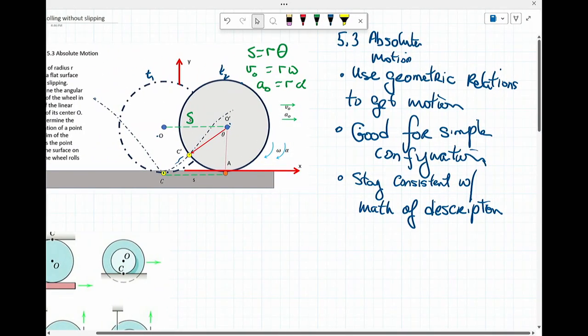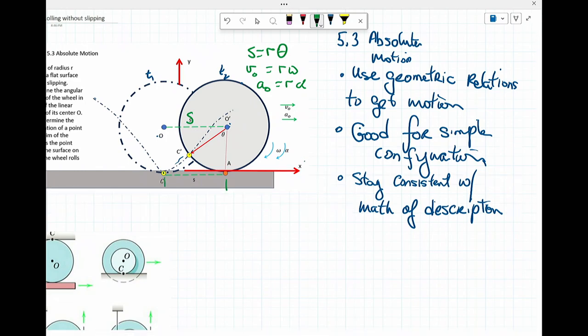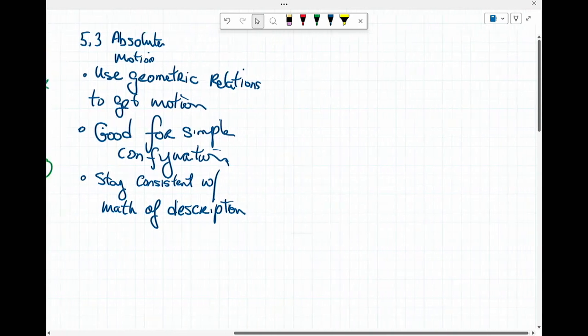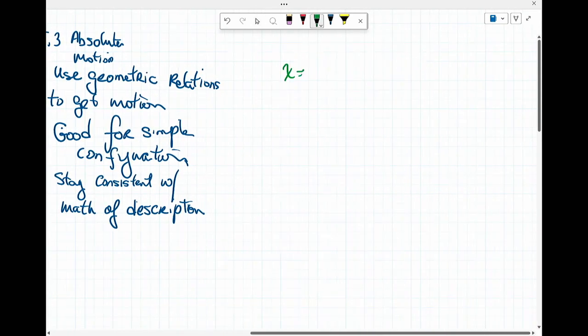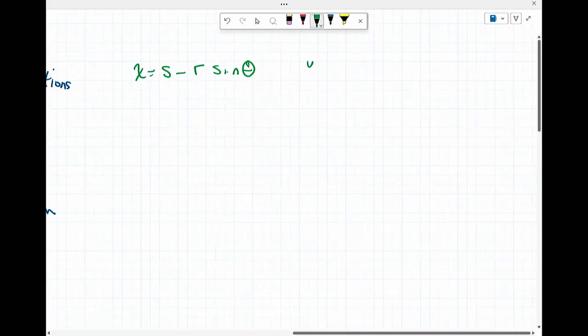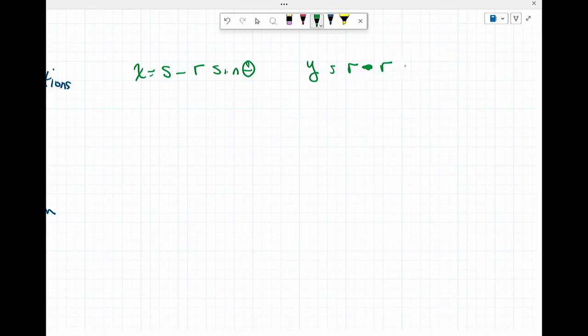Now I have to do the geometry. I've defined here my x and my y. The x displacement is going to be x minus r sine theta, and the y position is r minus r cos theta.